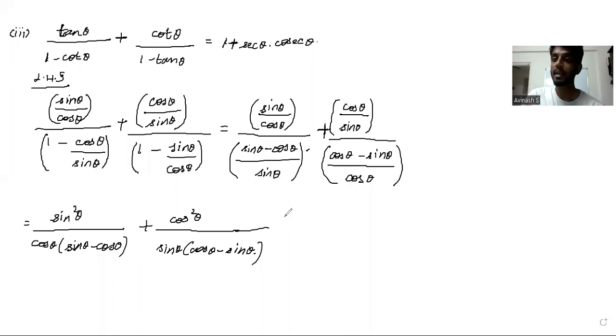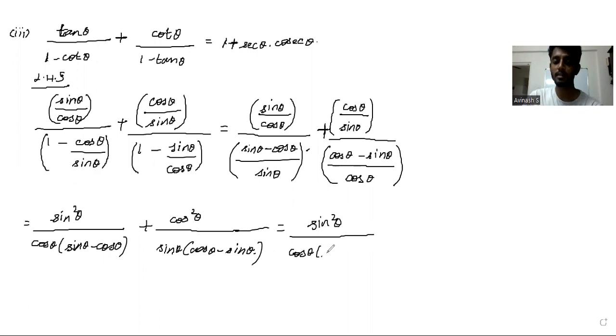Now we are going to take LCM for this step. And it's not quite easy because all the terms are different. We have cos theta, we have sin theta minus cos theta, we have sin theta, we have cos theta minus sin theta. All four are different terms. In order to make the LCM process a little simplified, what we are going to do is this: the numerator is sin square theta. The first term remains unchanged.